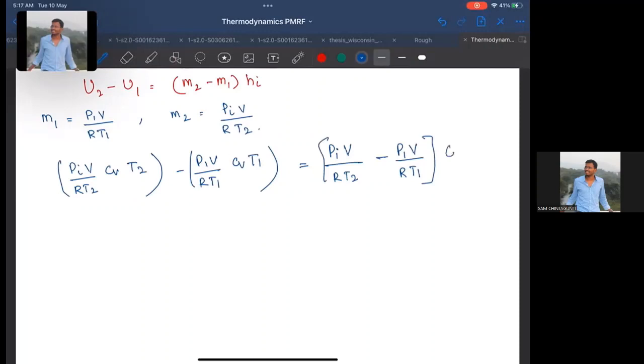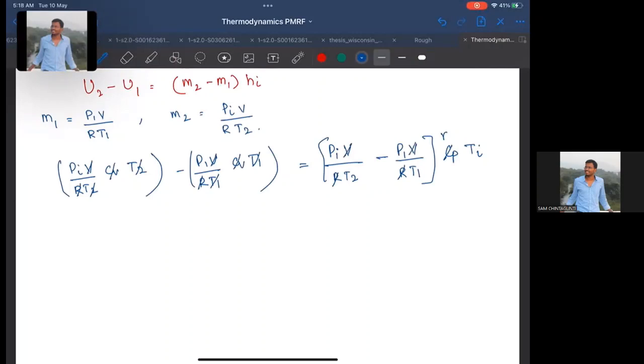hi is Cp Ti. First let's cancel all the R's and all the Cv's. Cp by Cv becomes gamma. And then this T2 and this T2 get cancelled, this T1 and this T1. And volume will also get cancelled.